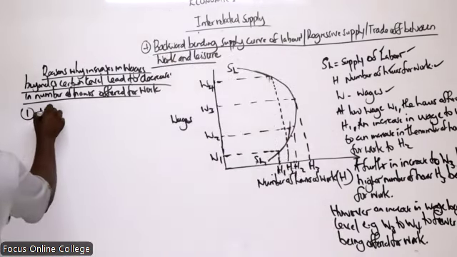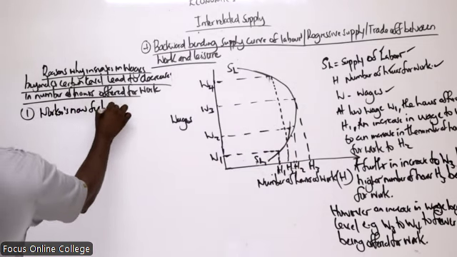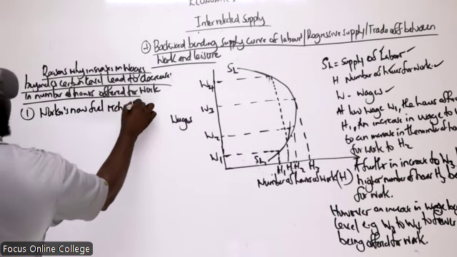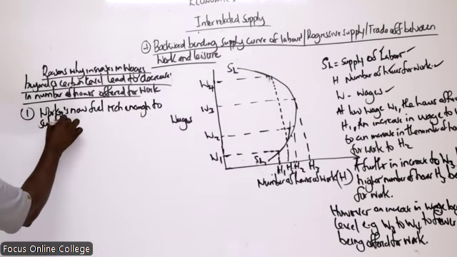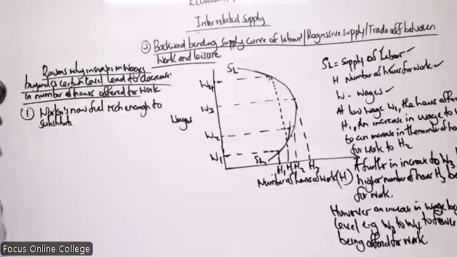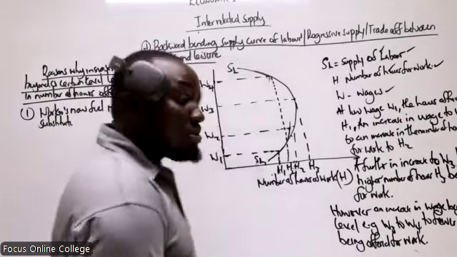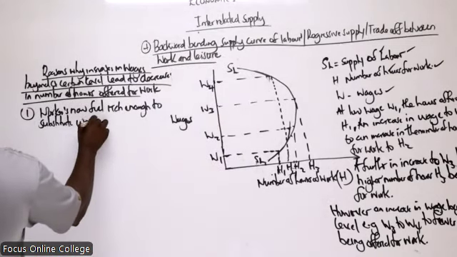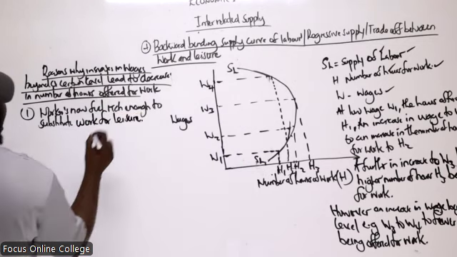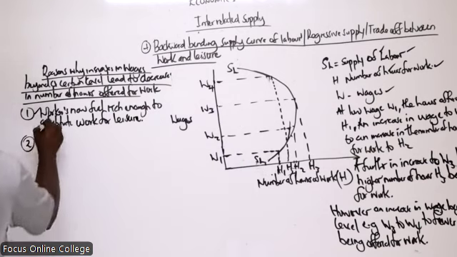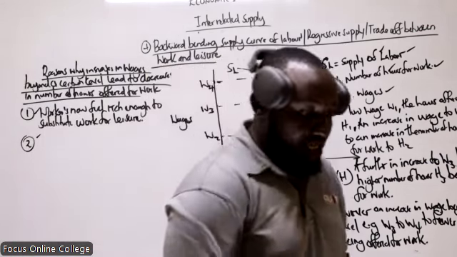Number one is workers now feel rich enough to substitute work for leisure.